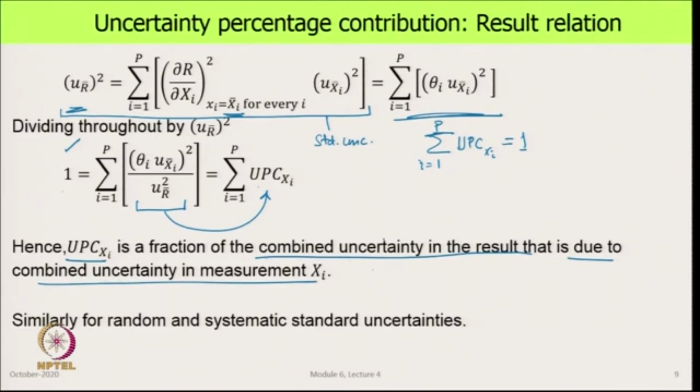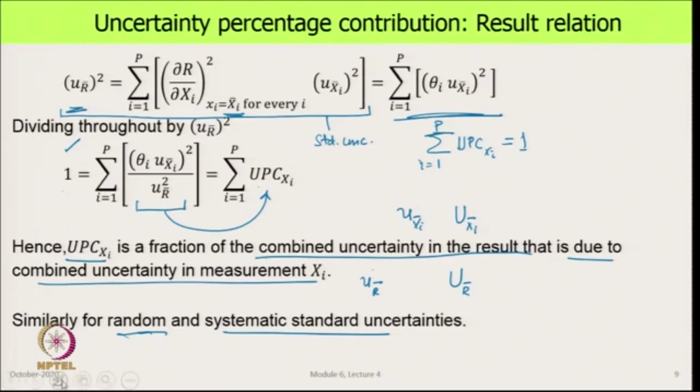So, it can be either the combined standard uncertainty u_xi and u_r bar, or the combined expanded uncertainty U_xi bar and U_r bar. And you can make the same definition for random and systematic standard uncertainties.